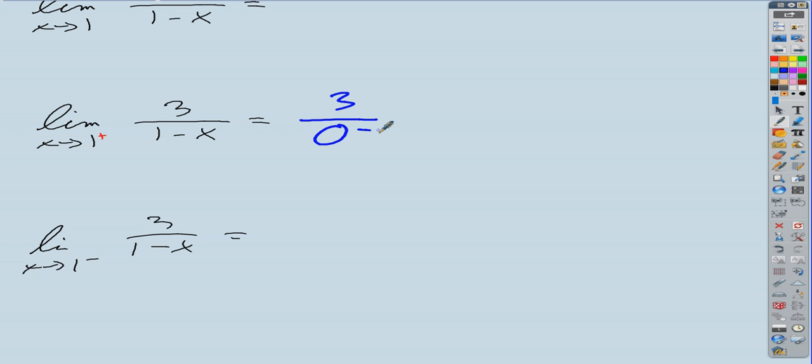I alluded to this yesterday. We did kind of an introductory example. But how do we interpret that result? First of all, let's focus on just the 3 over 0 part. It means what? Well, okay, but when we say does not exist, that's telling us something specific. It means it's exploding vertically, right? If we divide a number by 0, it means it's getting infinitely big.